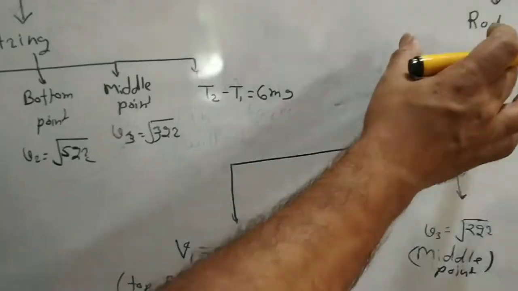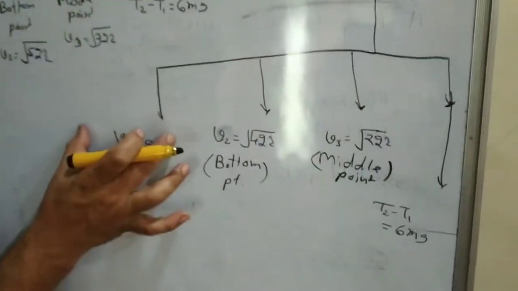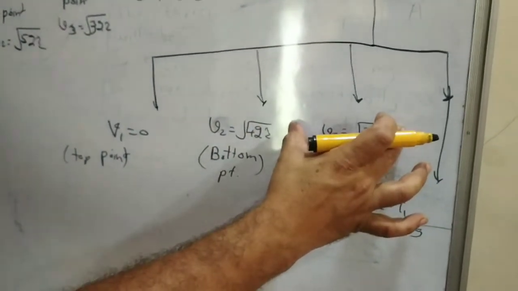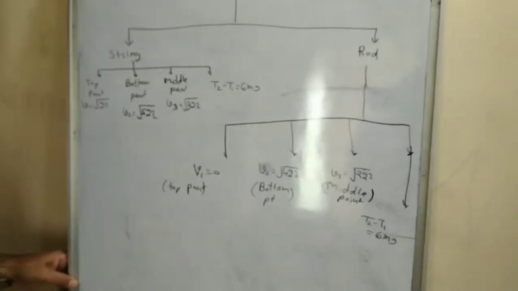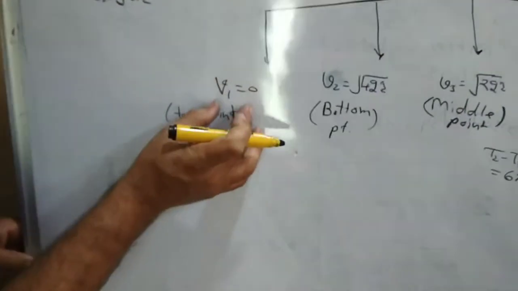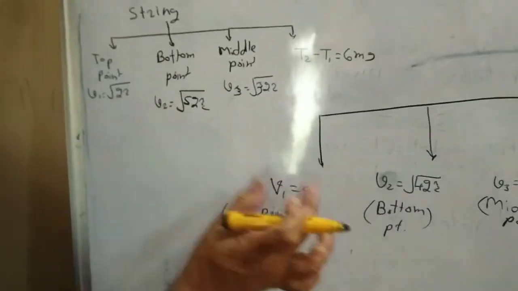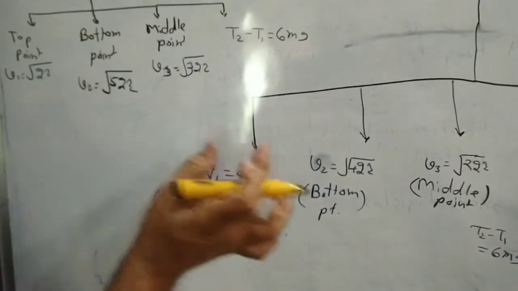Similarly, in case of VCM by rod, again 4 points are there: topmost point velocity, bottom point velocity, middle point velocity, and difference of tension at top point and lower point. So at the top point, in case of rod, V1 is 0. Here V1 is not 0. V2 is under root 4gr, here there is a difference.